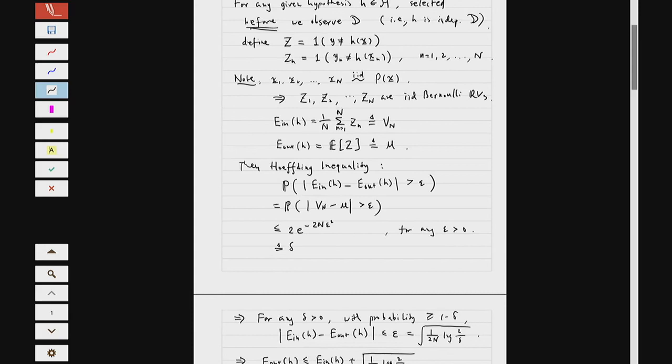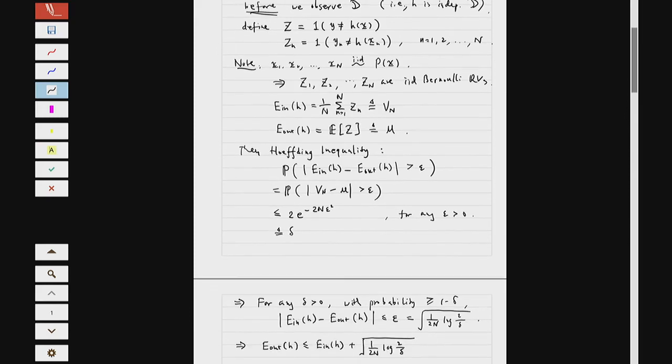We use the data D to train, and then based on that training, we pick the best hypothesis. So clearly our final hypothesis depends on the data, right? When the hypothesis depends on the data, this independence conclusion is no longer true.